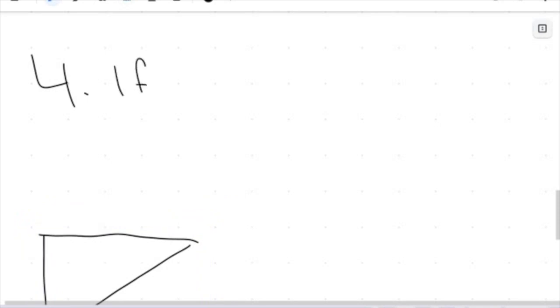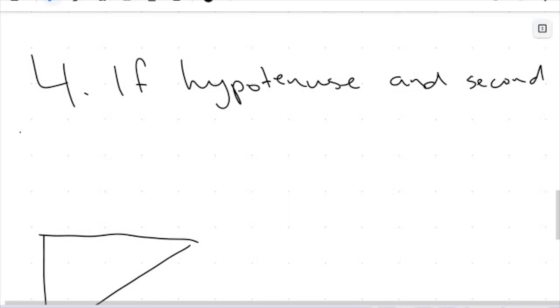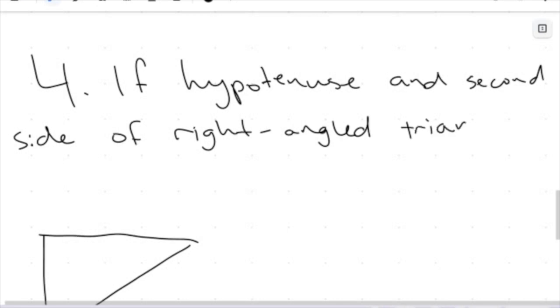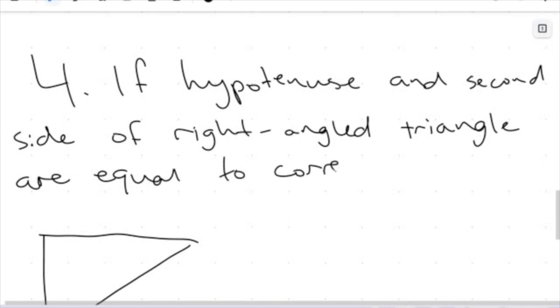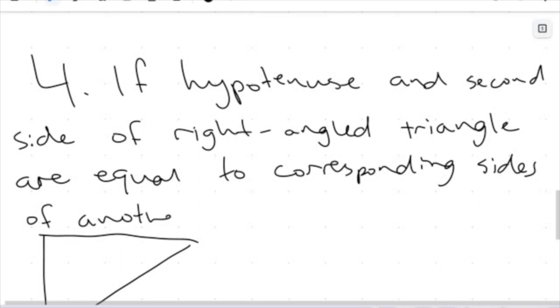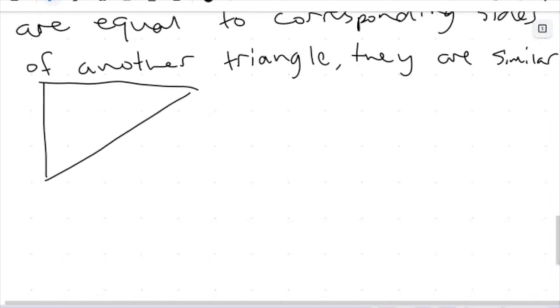This is that if the hypotenuse and second side, so just any other side of the triangle, of a right angled triangle are equal to corresponding sides of another triangle, they are similar. So this is kind of similar to the RHS a little bit.